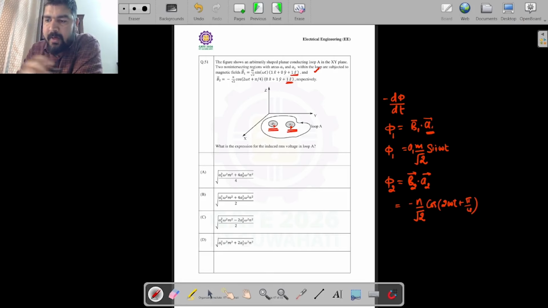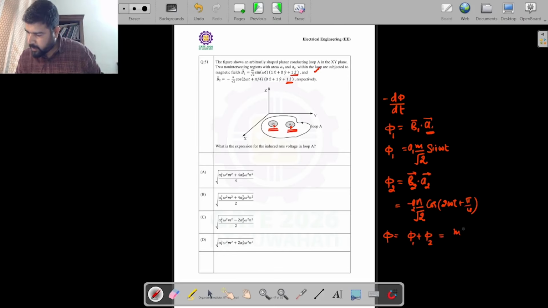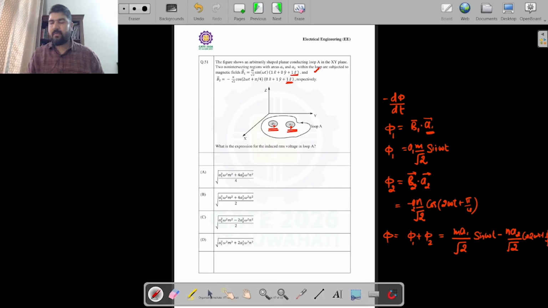Again this component will give the dot product, so this is k cap and this area is again in the k cap direction, so the dot product will be 1, and obviously here I have to write A2. Okay, so this is my phi 2, the flux through this area A2. So total flux phi is equal to phi 1 plus phi 2, so it will become M A1 by root 2 sine of omega t minus N A2 by root 2 cos of 2 omega t plus pi by 4. Okay, so this is the total flux phi.